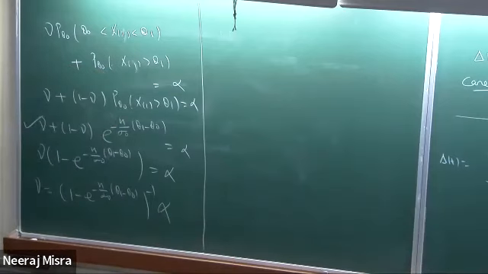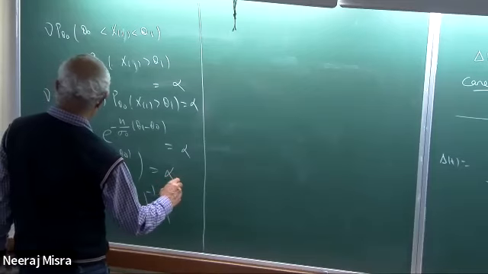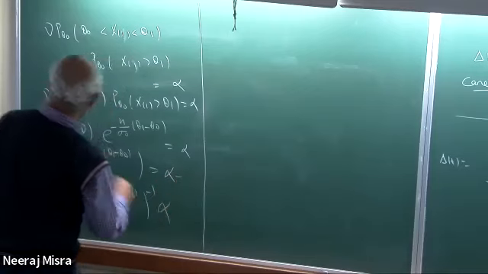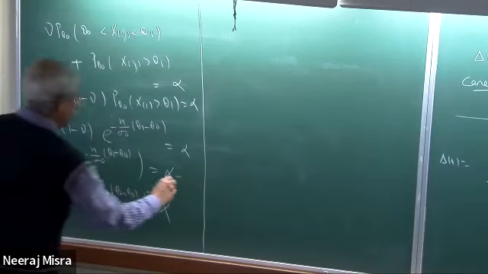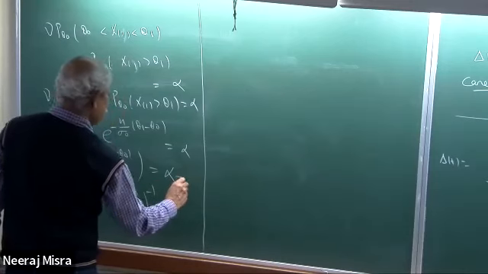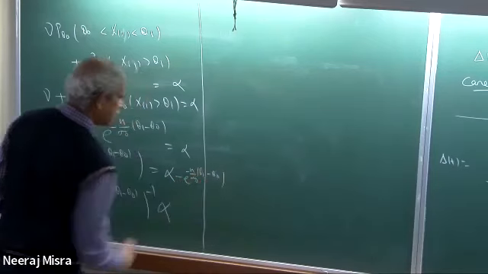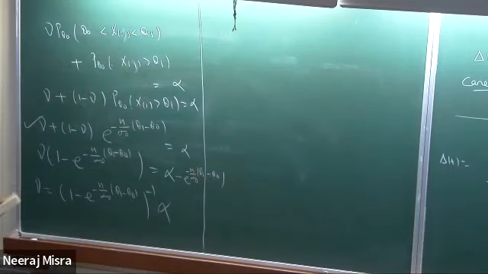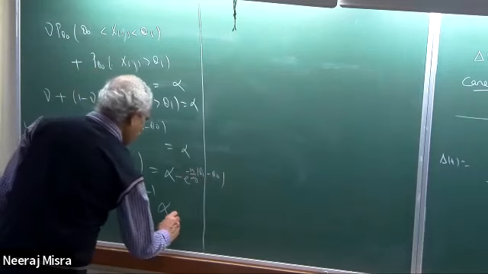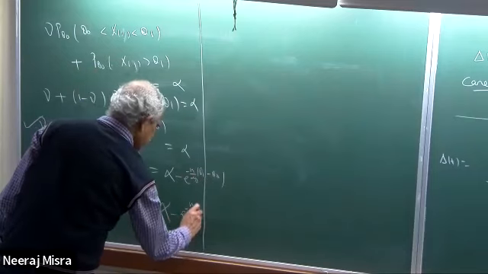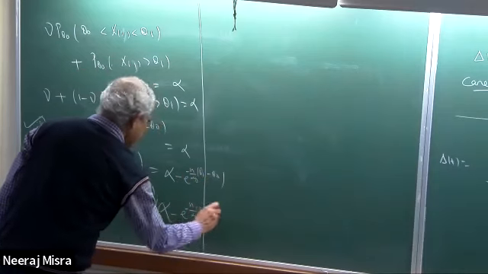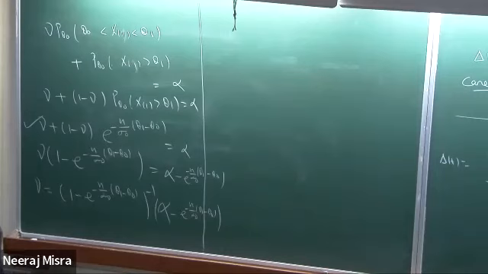Then I'm taking gamma, and that becomes alpha minus e to the power minus n by sigma naught, theta 1 minus theta naught. Is that okay? Then gamma is nothing but this inverse times alpha minus e to the power minus n by sigma naught, theta 1 minus theta naught. I hope I have not made any calculation mistakes, so this is okay.